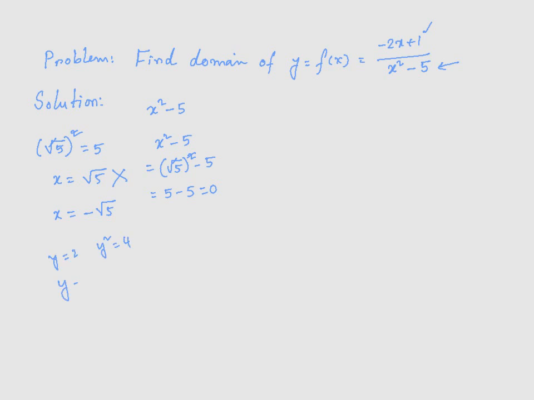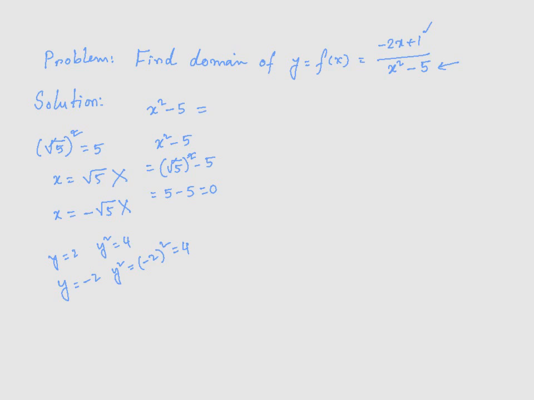If y is equal to negative 2, then y square is equal to negative 2 whole square, which is also 4. Using that logic, you don't want square root of 5 and negative square root of 5. That's the domain: basically all the real numbers on the number line except for square root of 5 and negative square root of 5. But I'm going to show you a different way of deriving this.